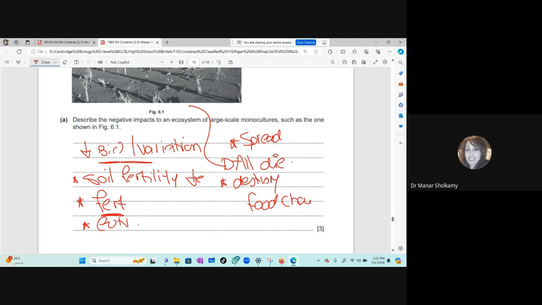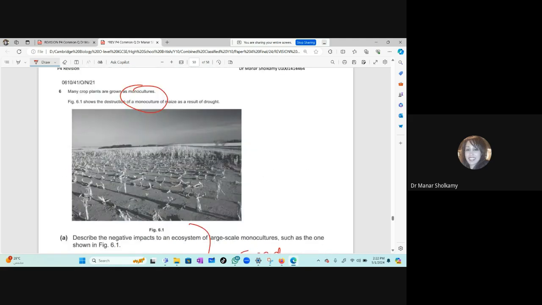If they ask you for advantages, what are the advantages of monoculture? In case they ask you for an advantage, why? No competition. You mean competition between different plant species? Okay.